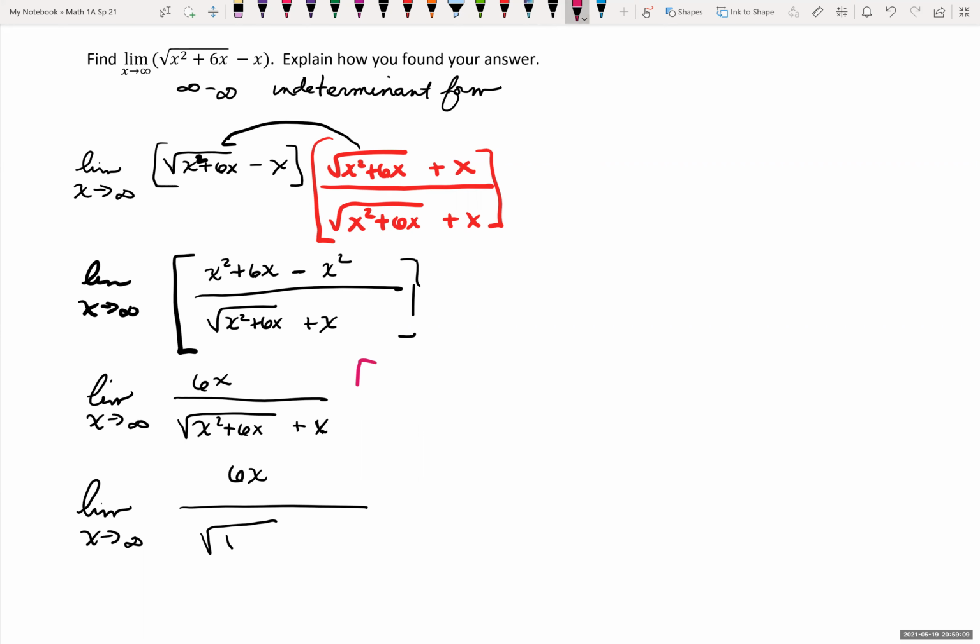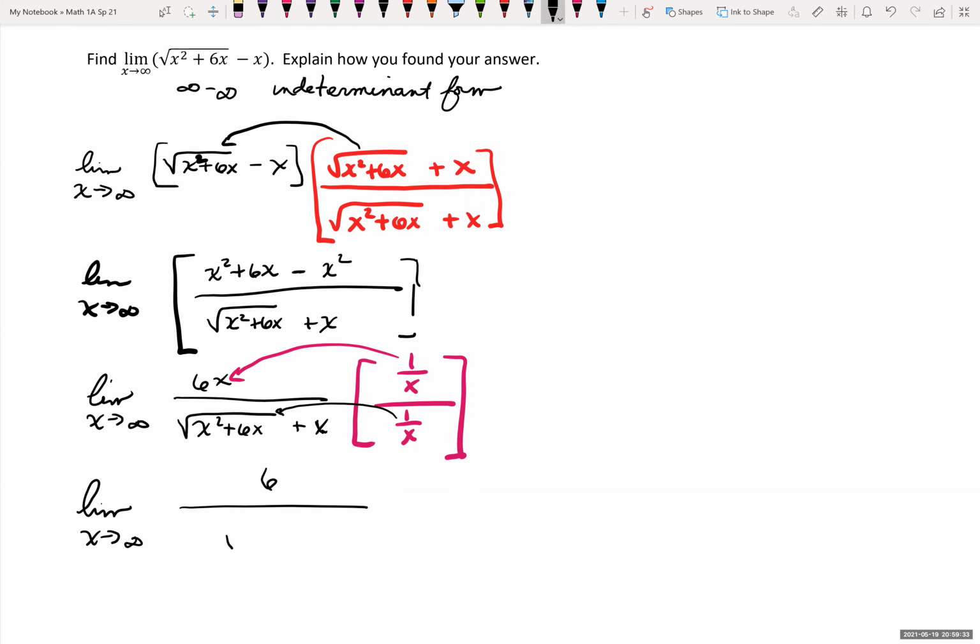If we multiply that by a fancy one, it's going to be 1 over x all over 1 over x. When we distribute it to the numerator, 6x times 1 over x is just 6. When I distribute it to the denominator, I want to put that underneath the radical, and I can do that.